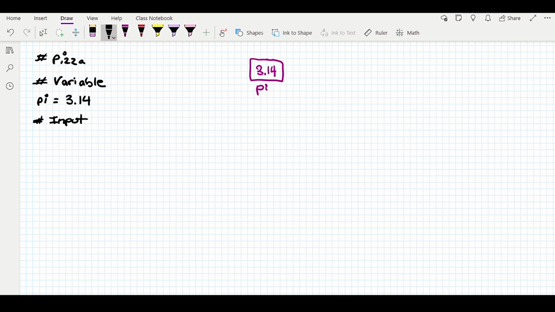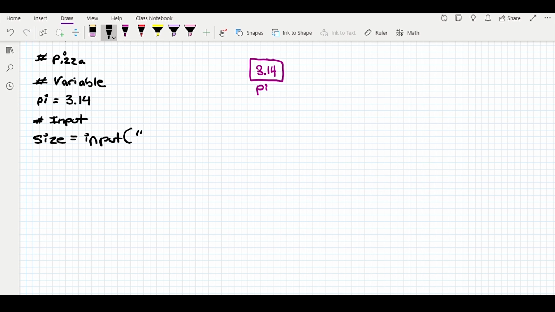And first thing we want to do is get the size. So I'm going to make another variable named size. You might name it S. You might name it diameter. And I'm going to say input.